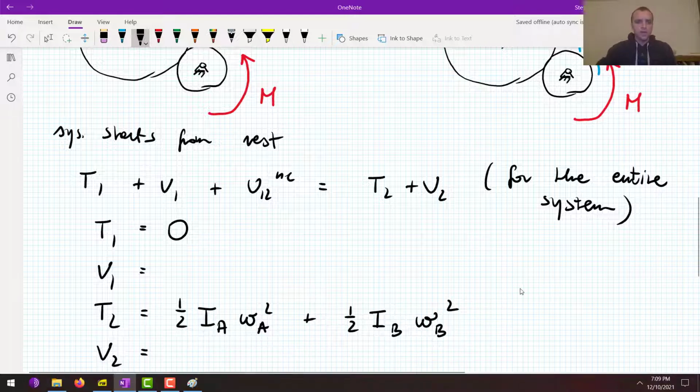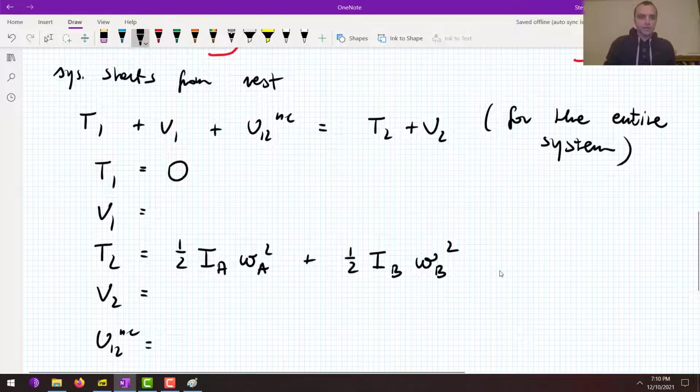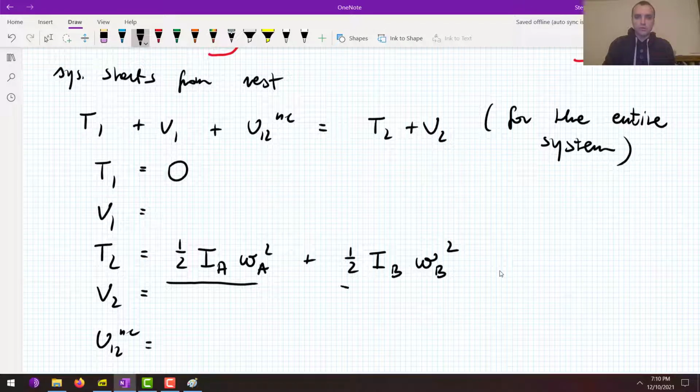As you can see, kinetic energy is a so-called additive function. That means that the kinetic energy of the entire system can be expressed as a sum of the kinetic energies of each of the components of the system. This is exactly what I did in here. I have the kinetic energy of the first body plus the kinetic energy of the second body.